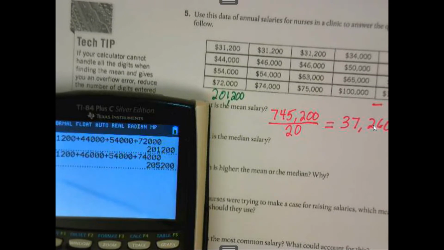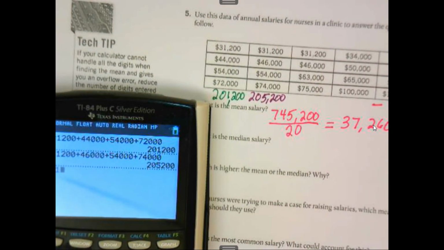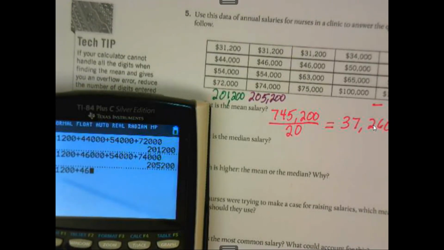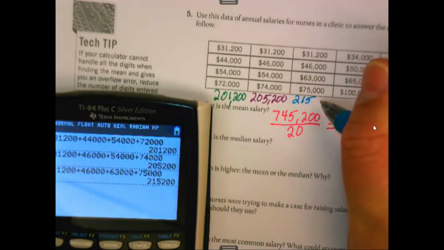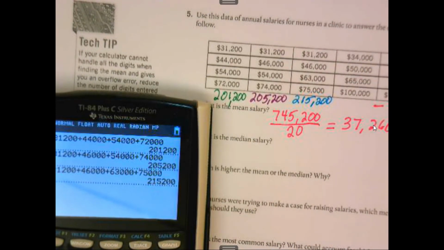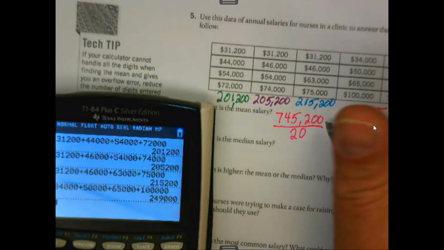Enter. 205,200. 31,200 plus 46,000 plus 63,000 plus 75,000. 215,200. 34,000 plus 50,000 plus 65,000 plus 100,000 gives me 249,000.